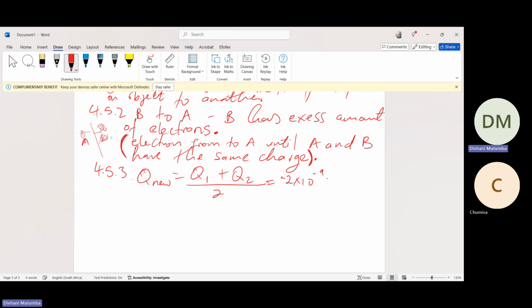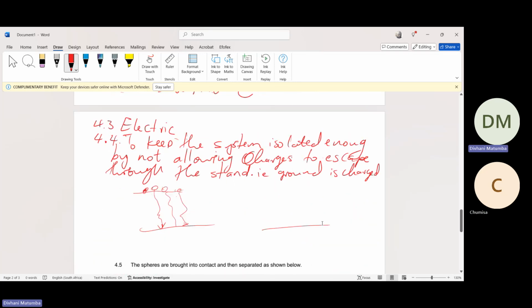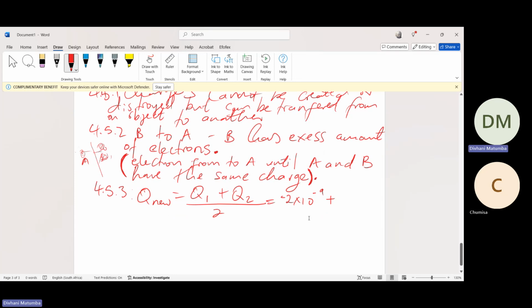So we have -2 times 10 to the power of -9 plus the positive one, which is 4.4 nanocoulombs. So what is nano? That's times what? Nano is 10 to the -9 and micro is 10 to the -6. You agree? Okay, so what are we going to get? I think we're going to get 3.1.